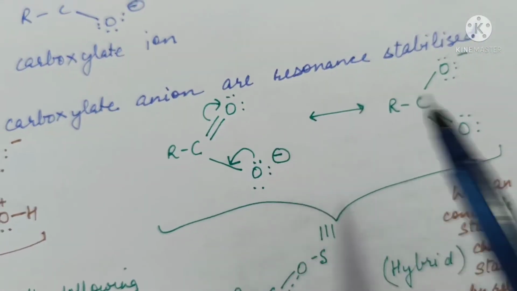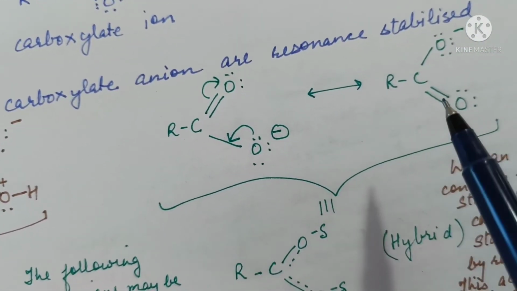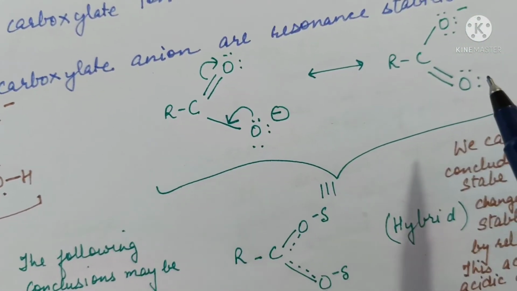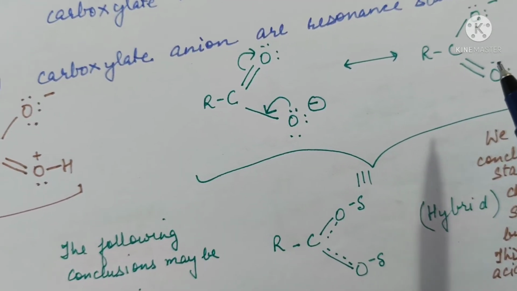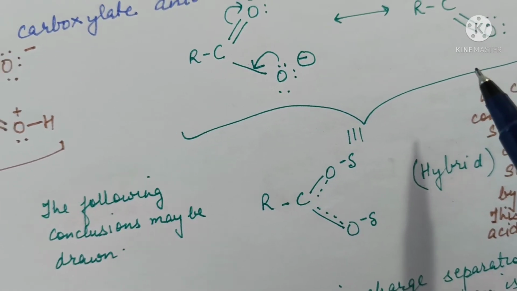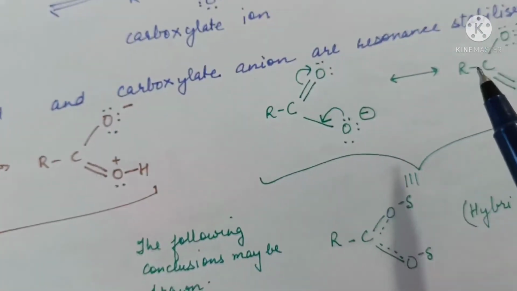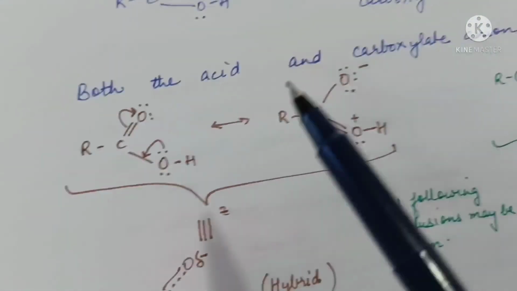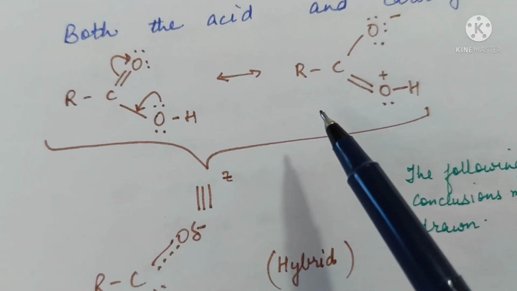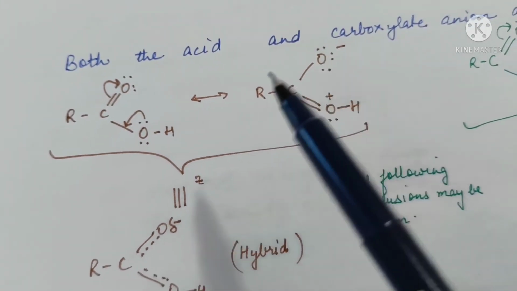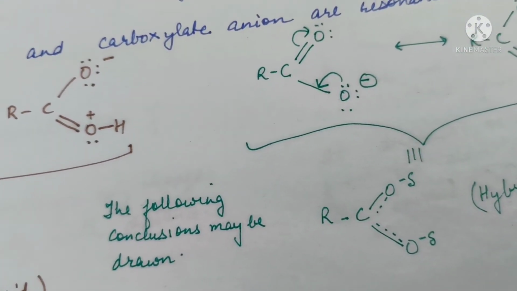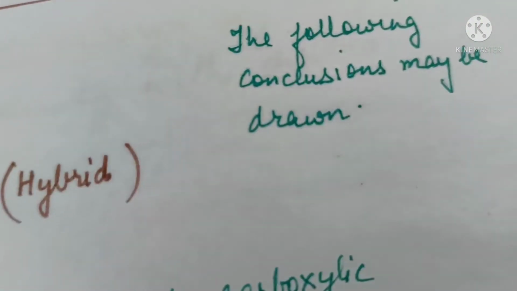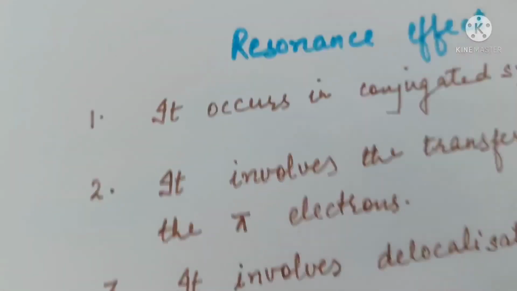Whereas in carboxylate ion, both the structures are equivalent, so they contribute more towards the resonance hybrid, and also there's no partial positive charge on the electronegative oxygen atom. So the hybrid of carboxylate ion is more stable than that of carboxylic acid. So carboxylic acid releases a proton to form a more stable carboxylate ion and acts as an acid.